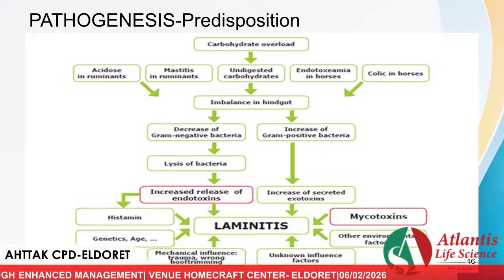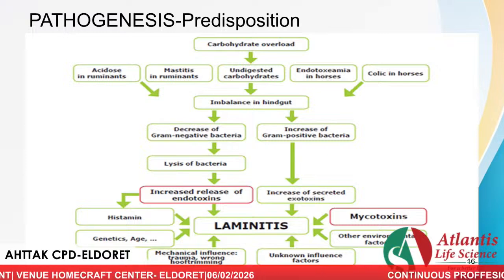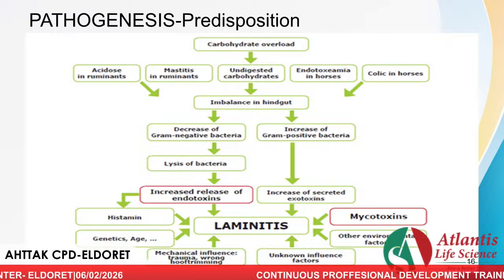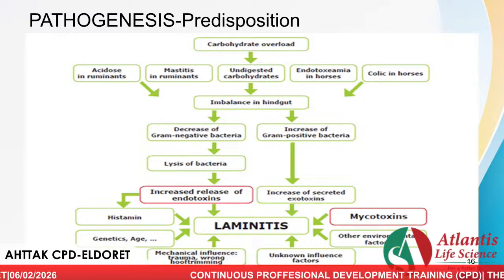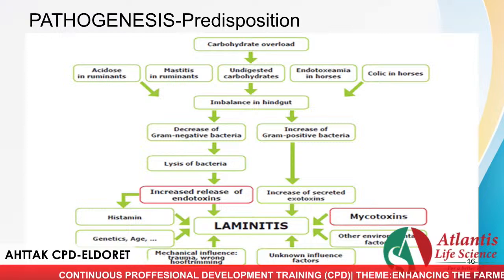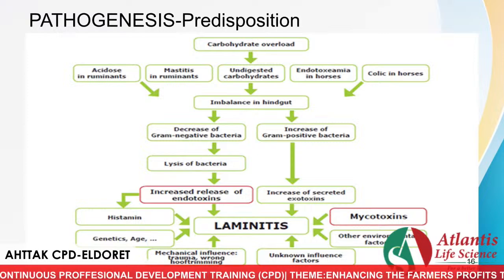So when you have the carbohydrate overload, you will have a lot of undigested carbohydrates in the stomach. And when the rumen does the fermentation process, it will lead to production of what we call lactic acid.